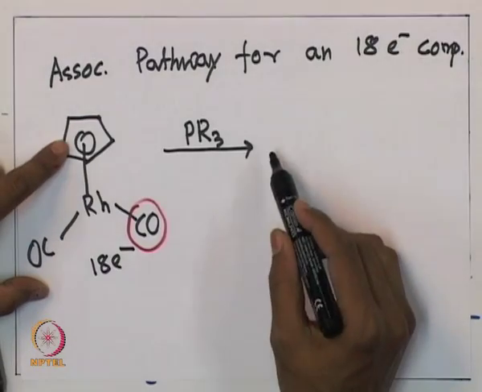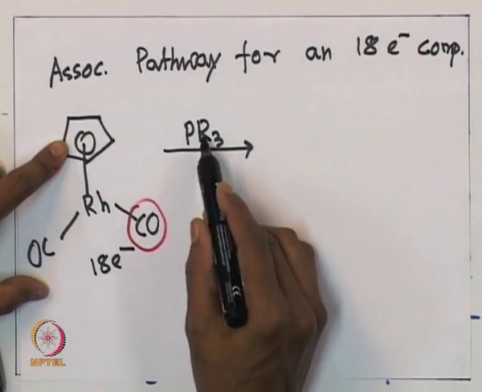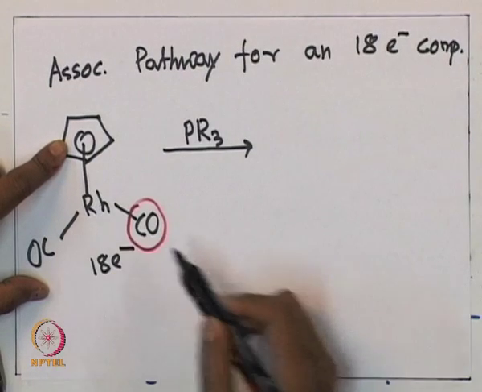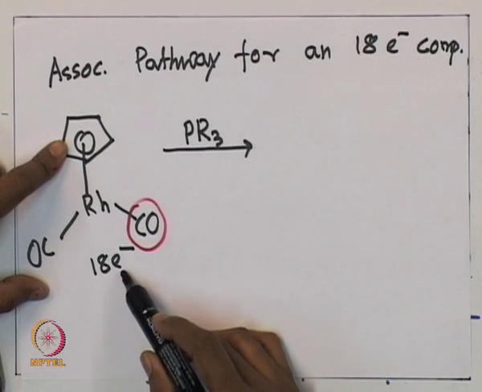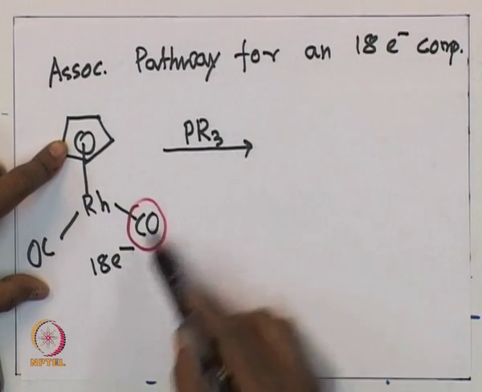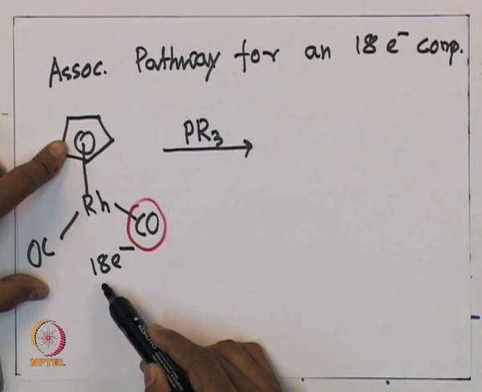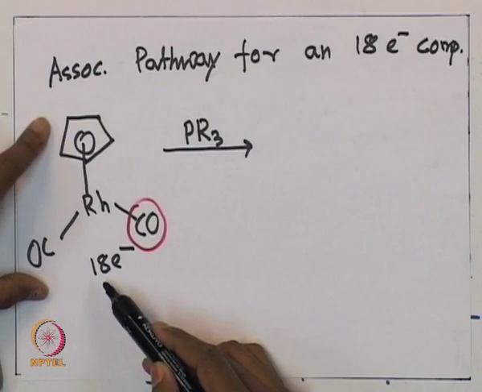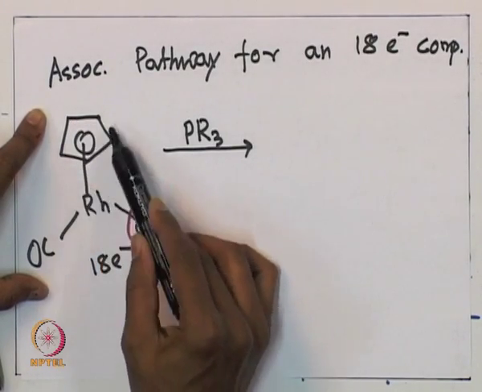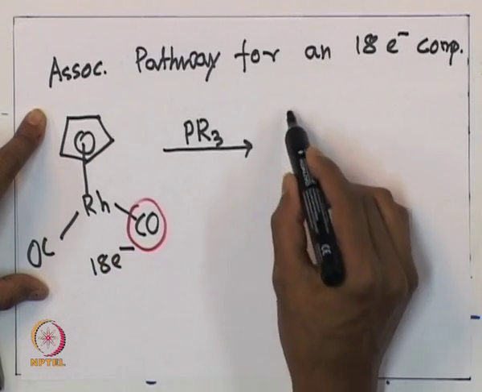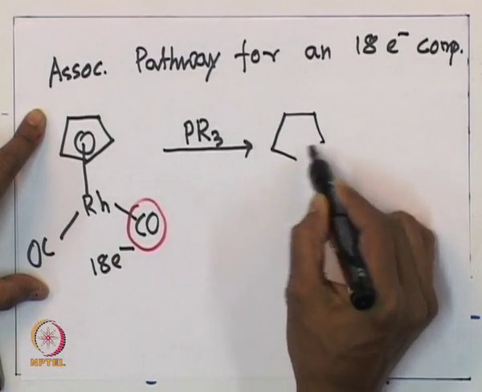PR3 rather undergoes association. So, PR3 will add to the rhodium species, that is unusual. Then you might be thinking that the 18 electron complex should be undergoing 20 electron complex formation. That is not true. What option we have in this case is, it is an eta 5 complex, right. Now, this is what is known as ring slip.